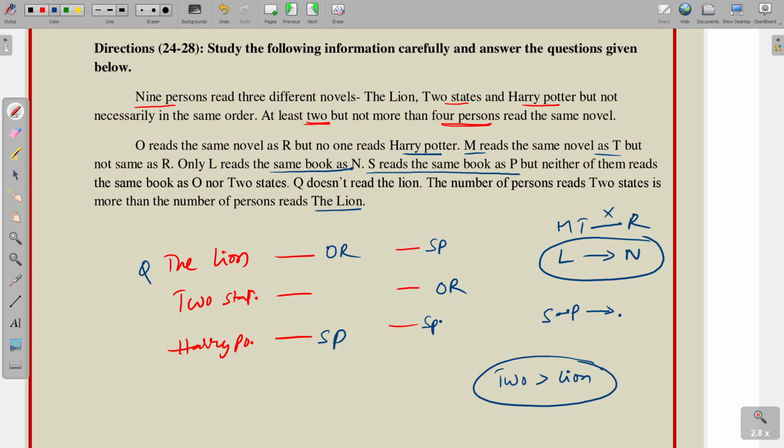It is one more condition. So where can we place these clues? First of all, M and T both are reading the same novel, so M and T are either here or here. It is the MT.